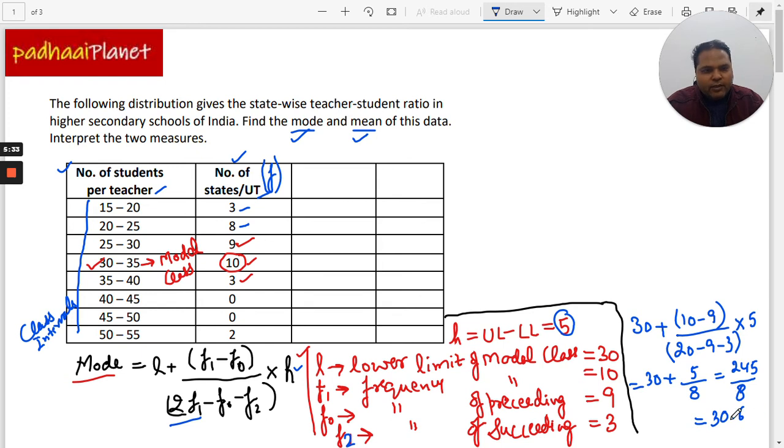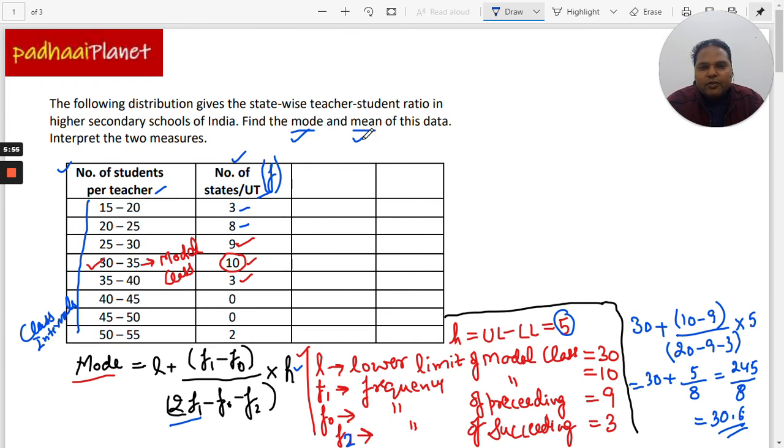So that's the mode of the data, which means about 30.6 students have been allocated to one teacher.